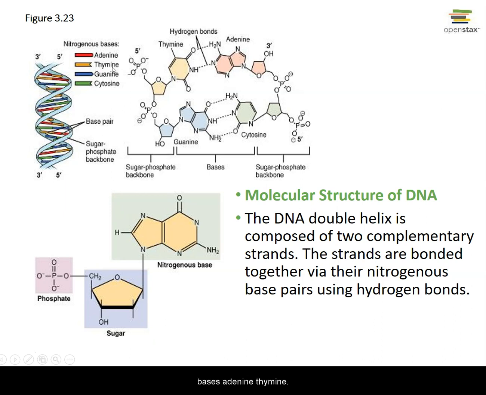Adenine, thymine, guanine, cytosine are the four nitrogenous bases found on a DNA molecule. Now, the adenine and the guanine are called purines, and the thymine and the cytosine are called pyrimidines.